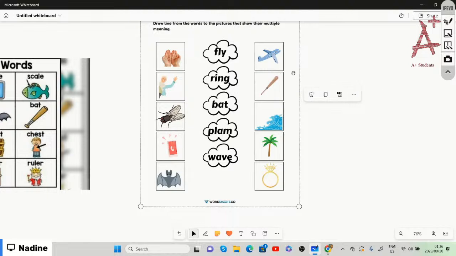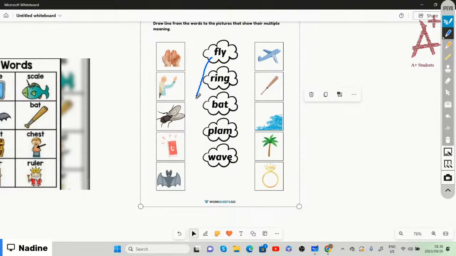Fly. If we look at fly, we need to now match fly. So, word fly. On the left, we have a fly that is used, and then also flying, like flying in an aeroplane.